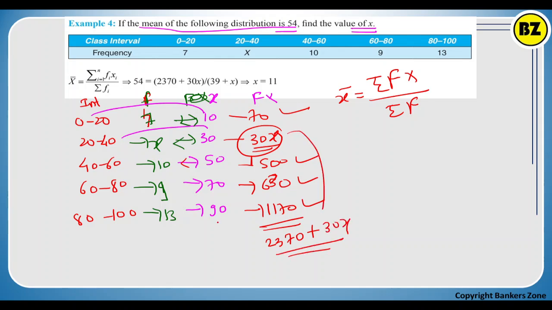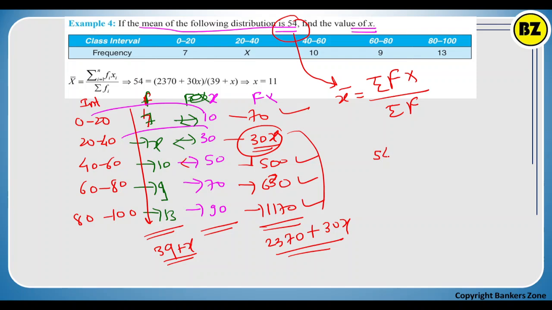Very simple. Now add this value, okay? Very easy. You have to add the f, total f, right? So when you add this, you will get the value total 39 plus x. Very simple, right? Now what you have to do? Simply see here, put in the formula. Mean they have given 54, already given. See here, mean is given, right?